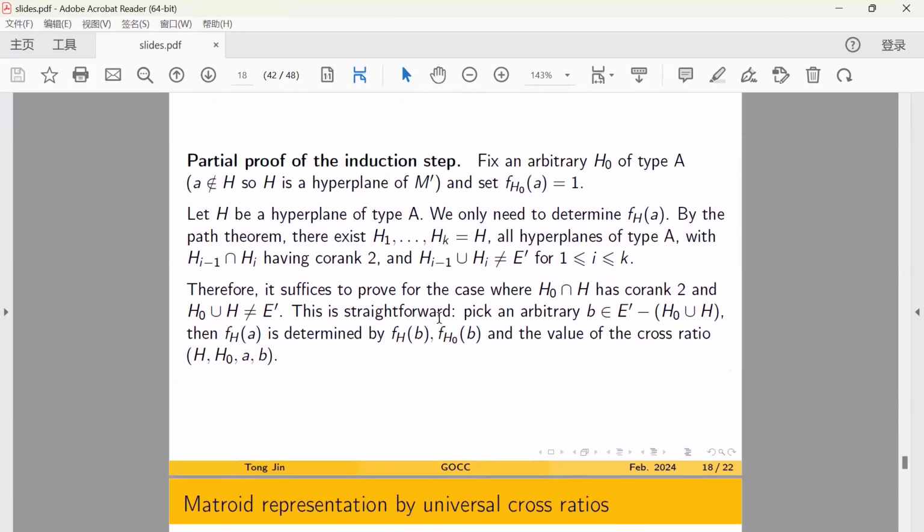And so that is guaranteed a unique representation once we know the cross ratios and the restrictions. But there's another thing we need to worry about: do we always get an honest, well-defined representation?